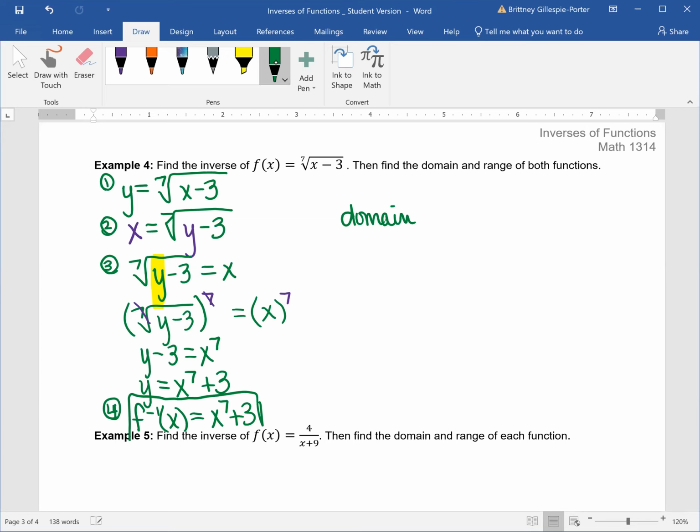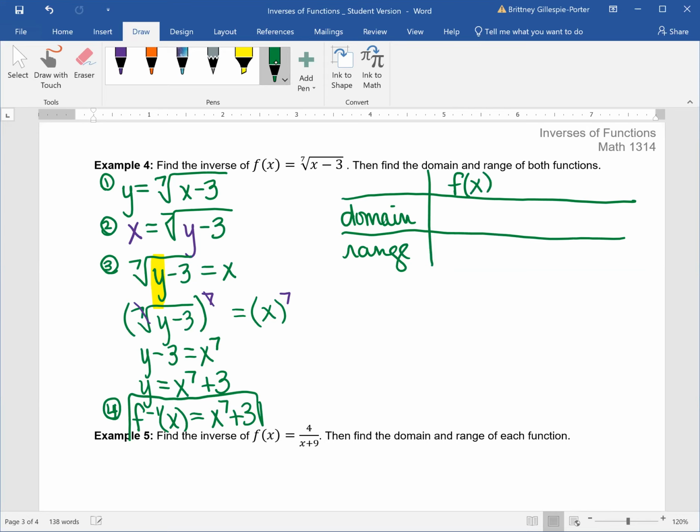We're asked to find the domain and range of both. And again, I like to use this chart because it keeps it nice and organized for me. My columns will be f of x and f inverse of x. Okay, our original function is a radical function, but its index of 7 is odd.